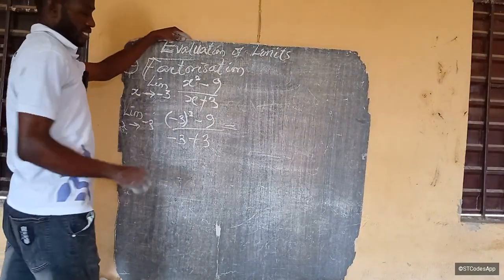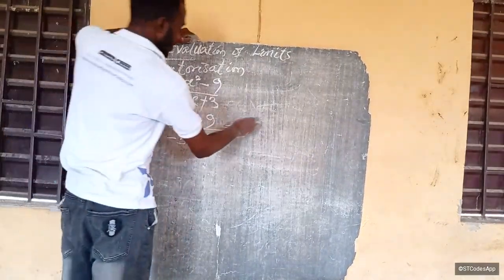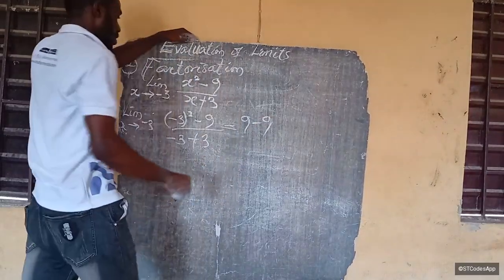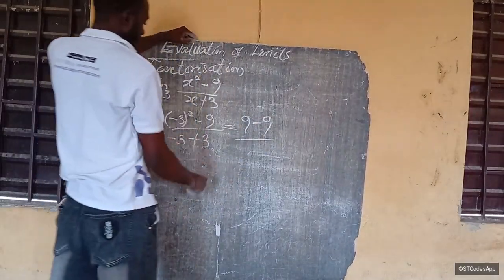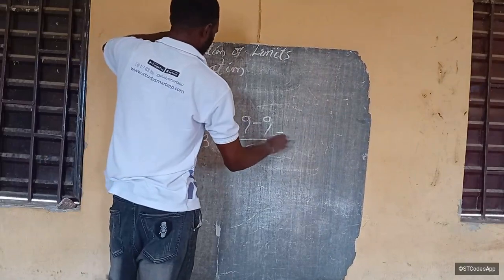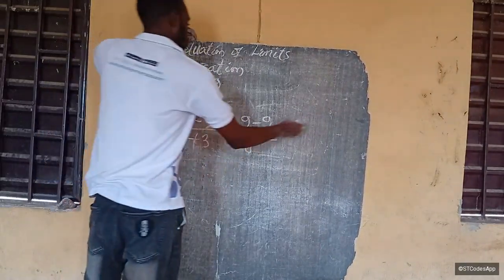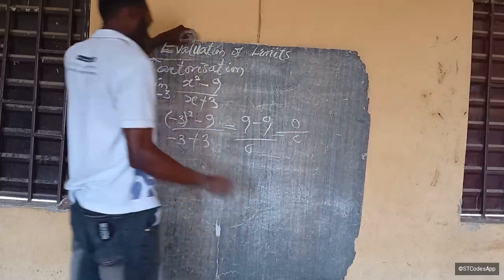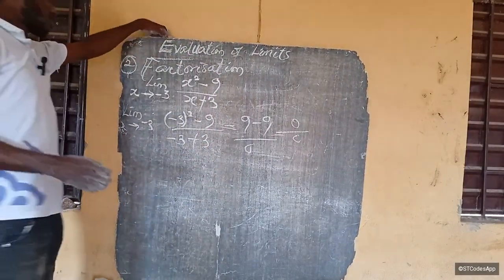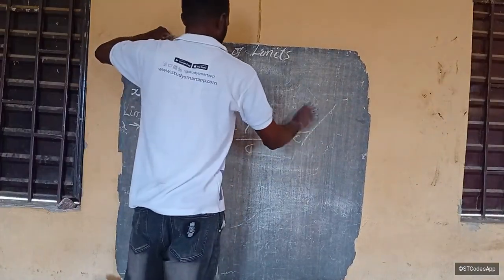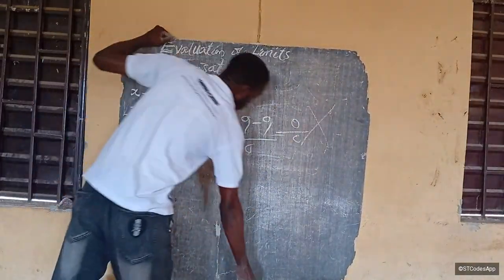Minus 3 squared is what? 9. 9 minus 9 is 0, and minus 3 plus 3 is 0. So we have 0 over 0. You see, this is what? Indeterminate. So we cannot use direct substitution.